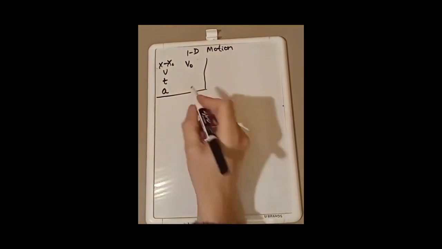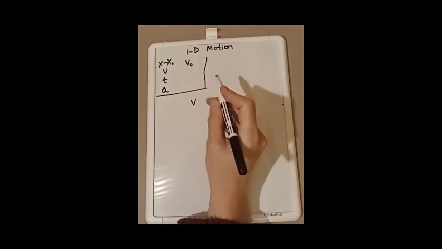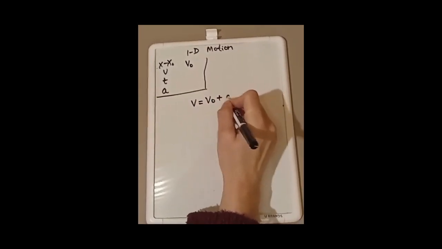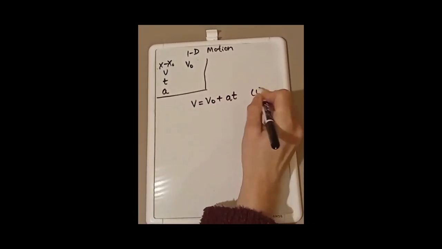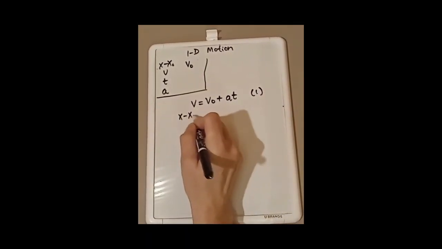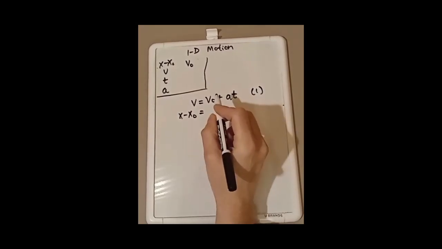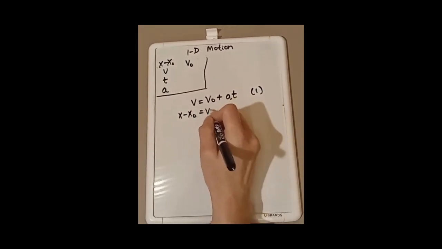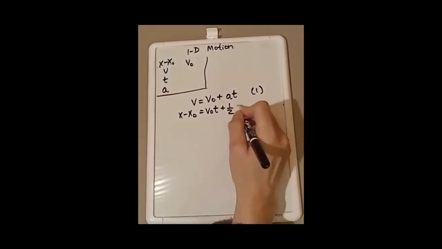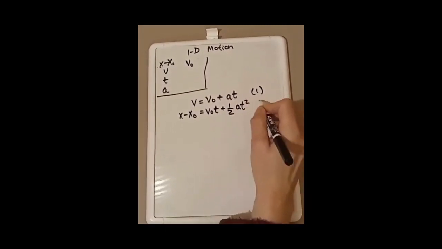Alright, so we have, in summary, v equals v naught plus at. We have x minus x naught is equal to v naught t plus 1/2 at squared.